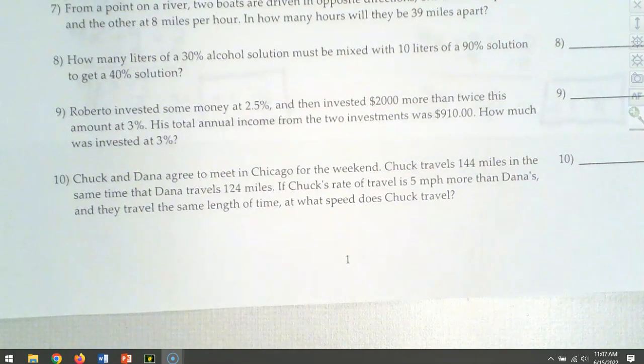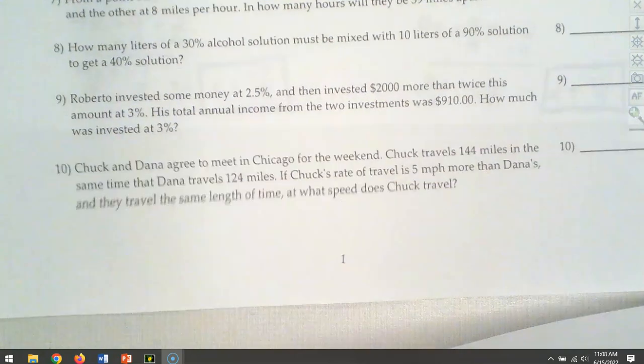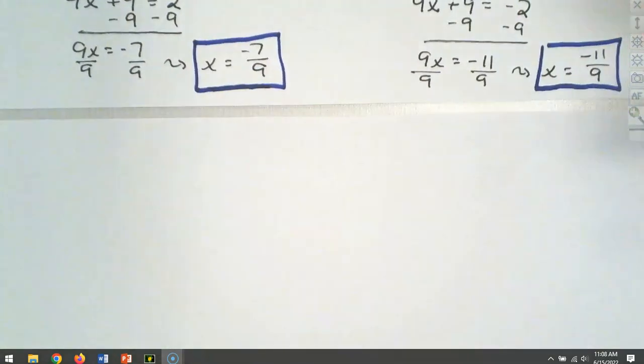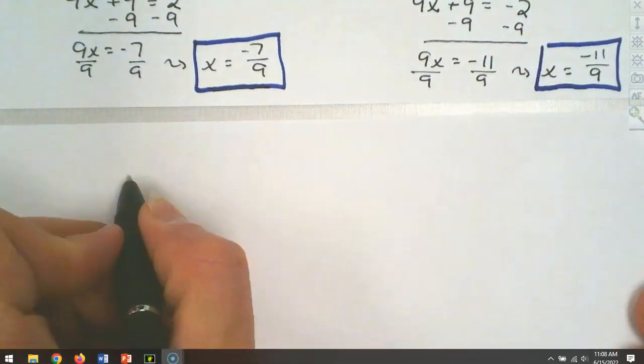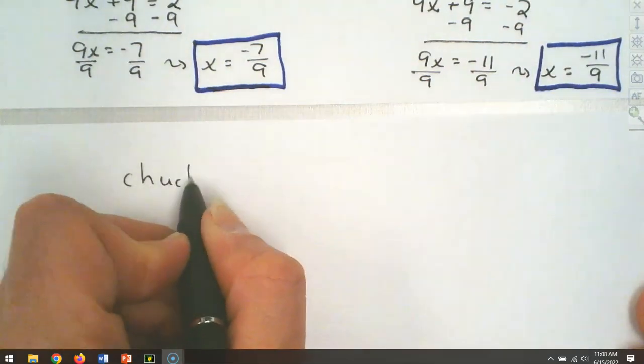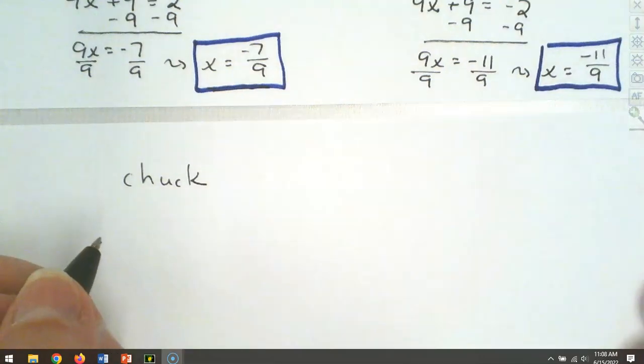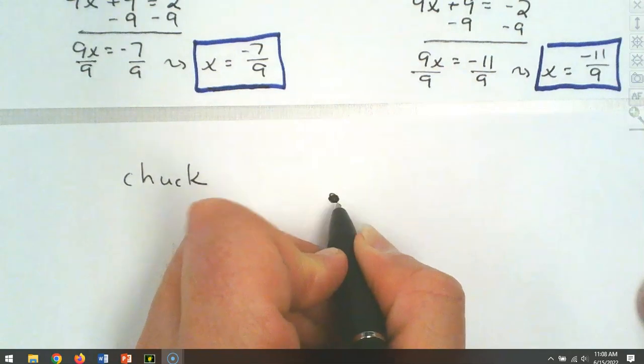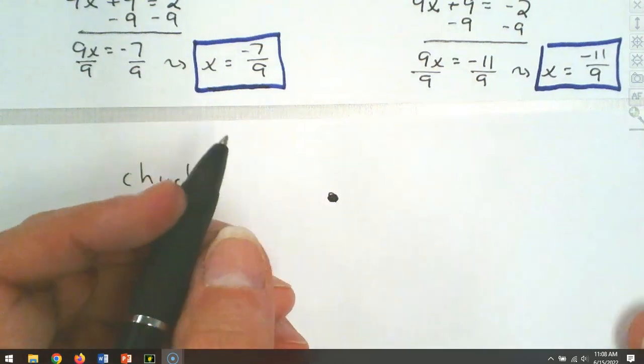So let's take a moment to think about what we've got. So we've got two individuals, and they're both going to be going to Chicago for the weekend. So we have Chuck. And Chuck is going to Chicago, and I'll just make a dot here for Chicago, because they're going to be different places.